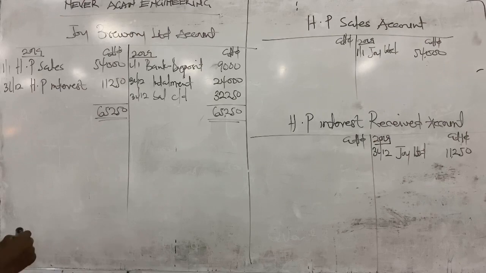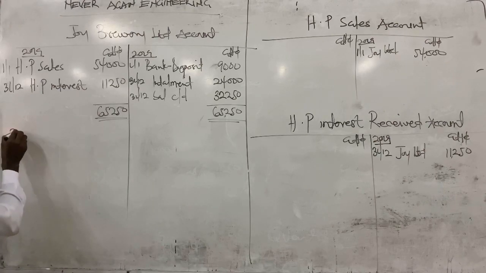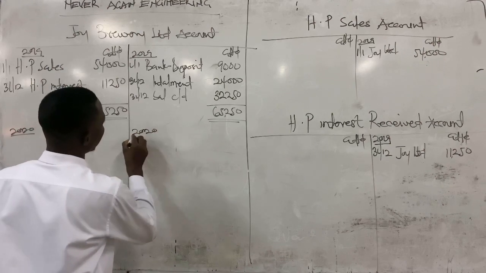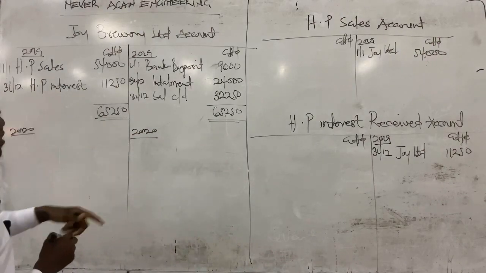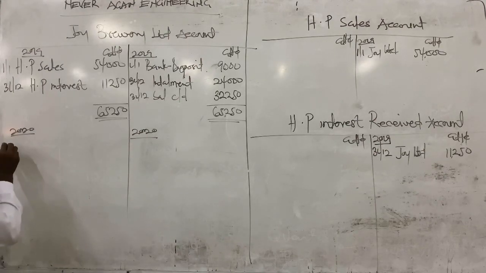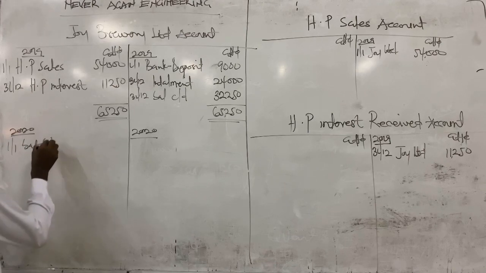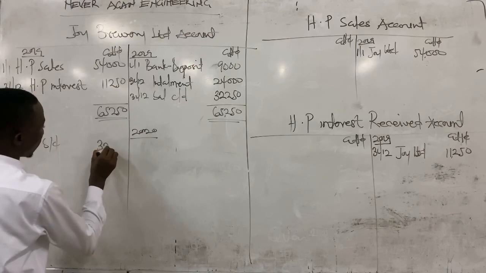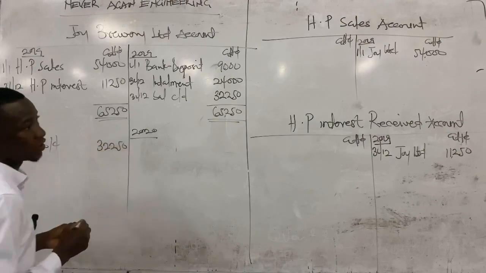Now we move to 2020. This balance carried down becomes the balance brought down. That is on 1st of January, we have the balance brought down of 32,250.